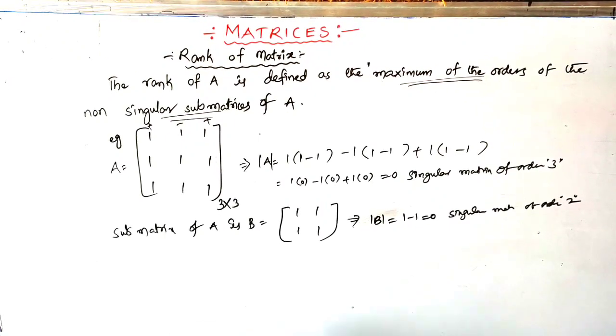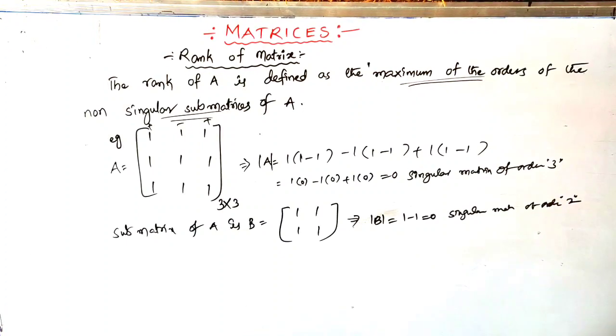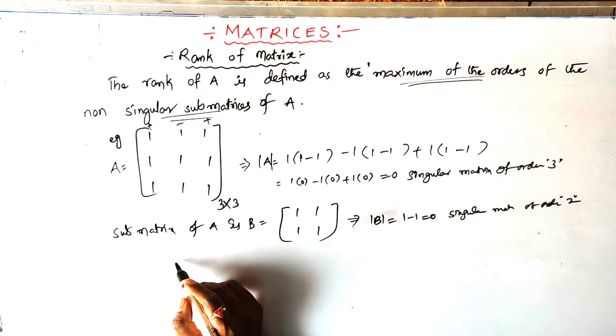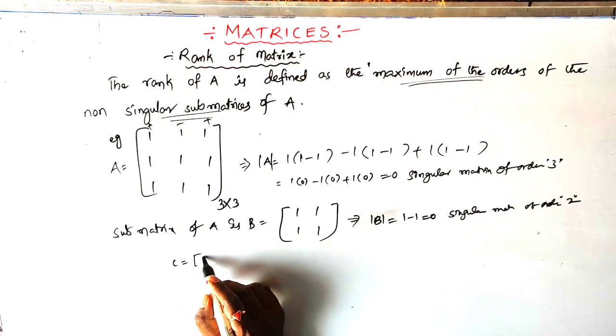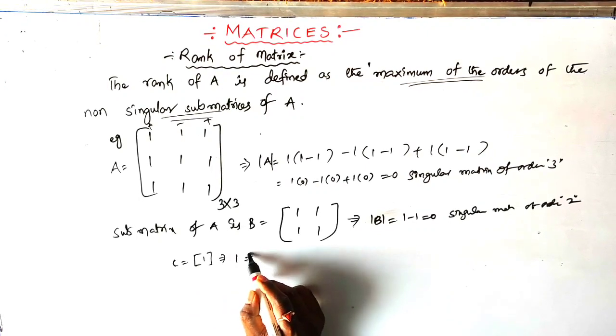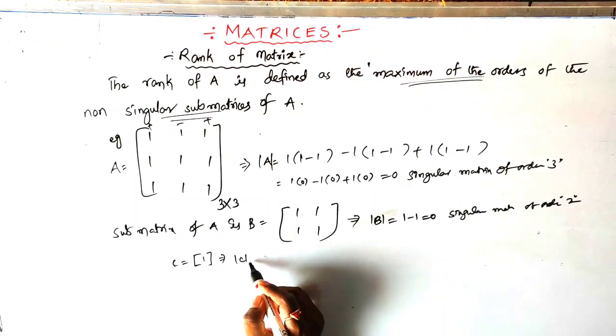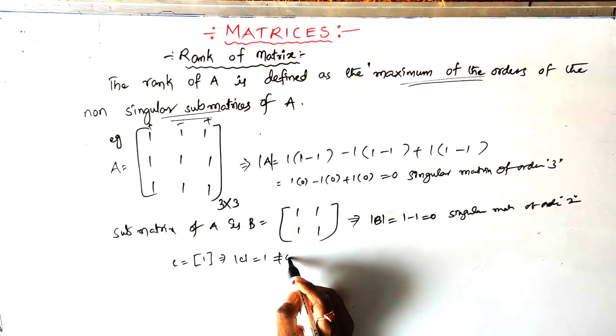Order 3, order 2 completed, we go to order 1. So order 1 means we take a submatrix of A, that equals C. We take only one element. So the determinant of this one is nothing but 1, that is not equal to 0. The determinant of this one is mod C, that equals 1, that is not equal to 0.